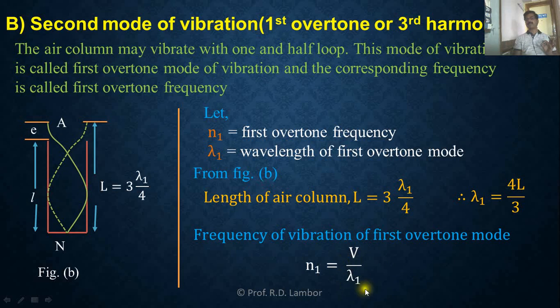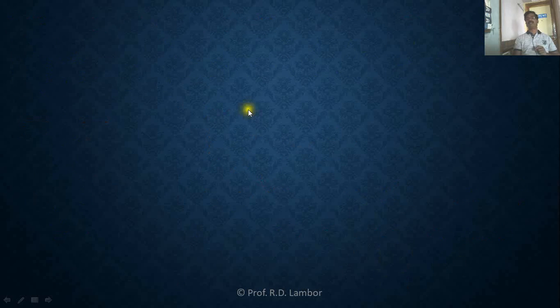Now we can substitute lambda 1 as 4L by 3. That's why you will get V upon 4L by 3. आता इथं हे जे 3 आहे डिनॉमिनेटरला ते न्यूमरेटरला आल्यानंतर तुम्हाला मिळेल 3 into v upon 4l. Let us see this. Therefore n1, which is the first overtone frequency, equal to 3 times v upon 4l.